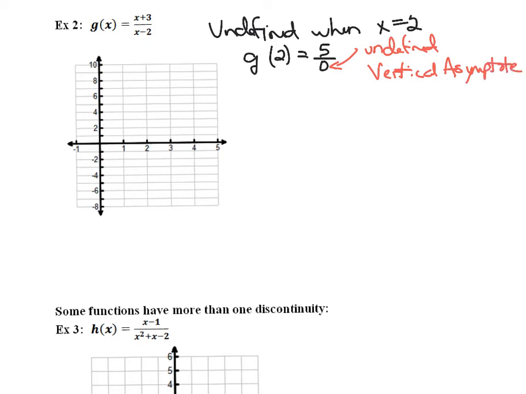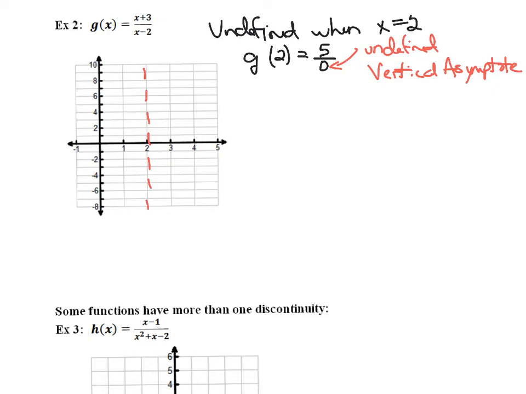I don't have just a hole because the function is only undefined at 2. So on my graph, I'm going to draw in my vertical asymptote at x equals 2.